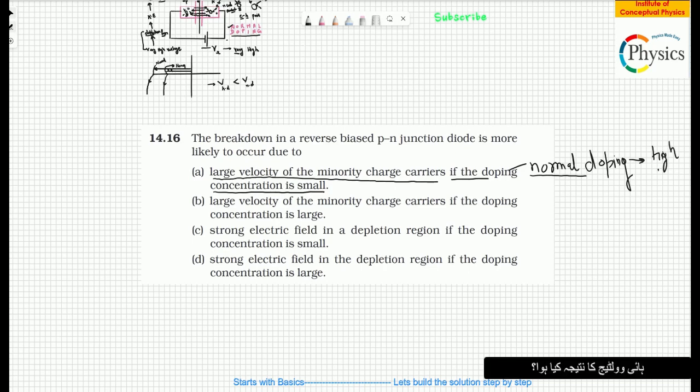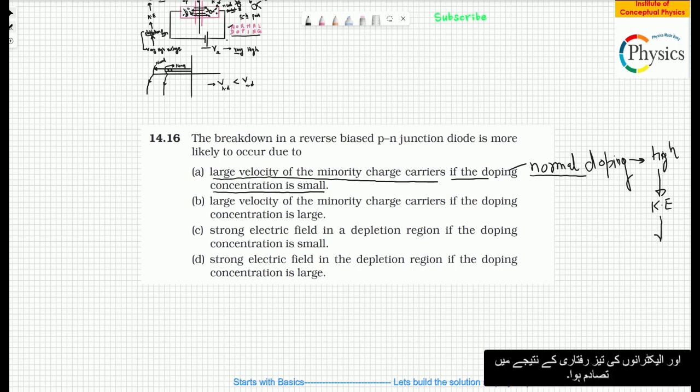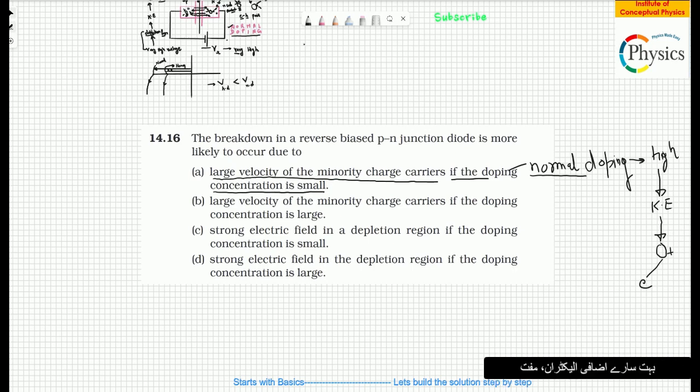High voltage resulted in kinetic energy, which means high velocity of the electrons. And the high velocity of electrons resulted in collision with the atom, which resulted in generation of another electron out of it, leaving behind an ion, right? So a lot of extra free electrons start getting generated because of multiple collisions happening inside the lattice.